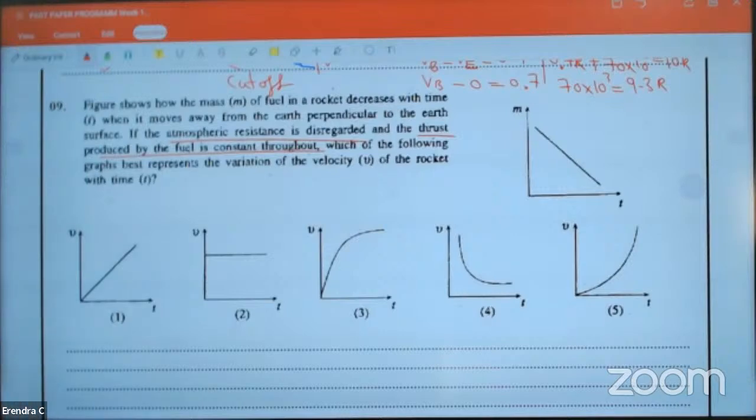When the mass reduces and thrust is constant, acceleration should increase.